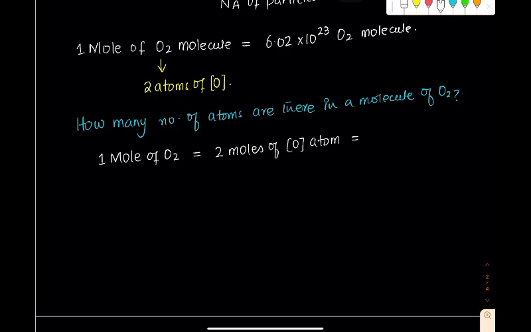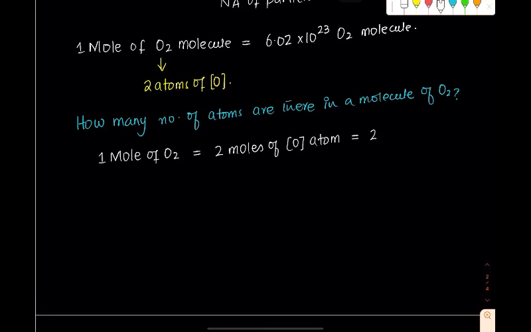We are not talking about the number of moles of atoms. When we say number of moles of atoms, we just said 2 moles of oxygen. When we say number of atoms, we are talking about the count of atoms in Avogadro's number. So 2 times the Avogadro's number, because 1 mole of oxygen atoms contains 6.02 times 10 power 23 atoms of oxygen. So 2 moles will contain 2 times 6.02 times 10 power 23.